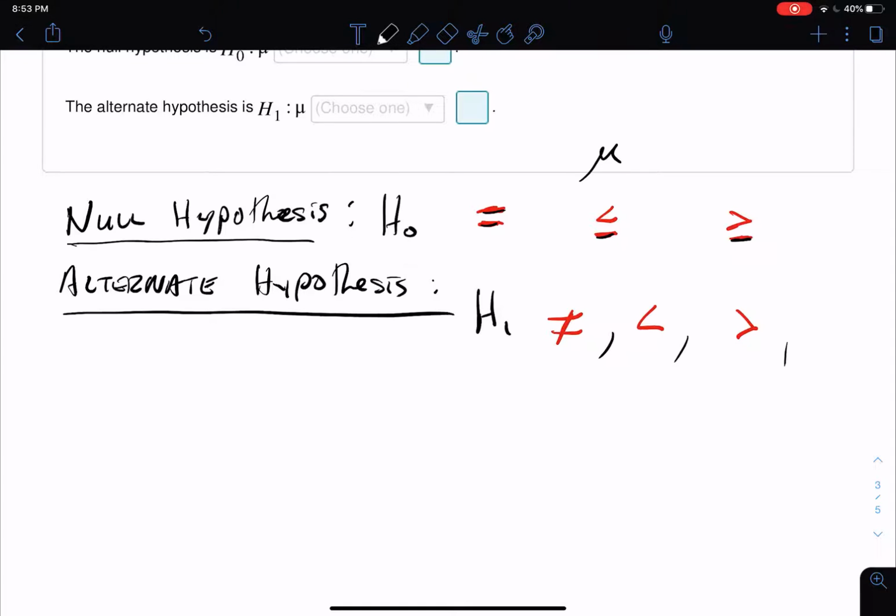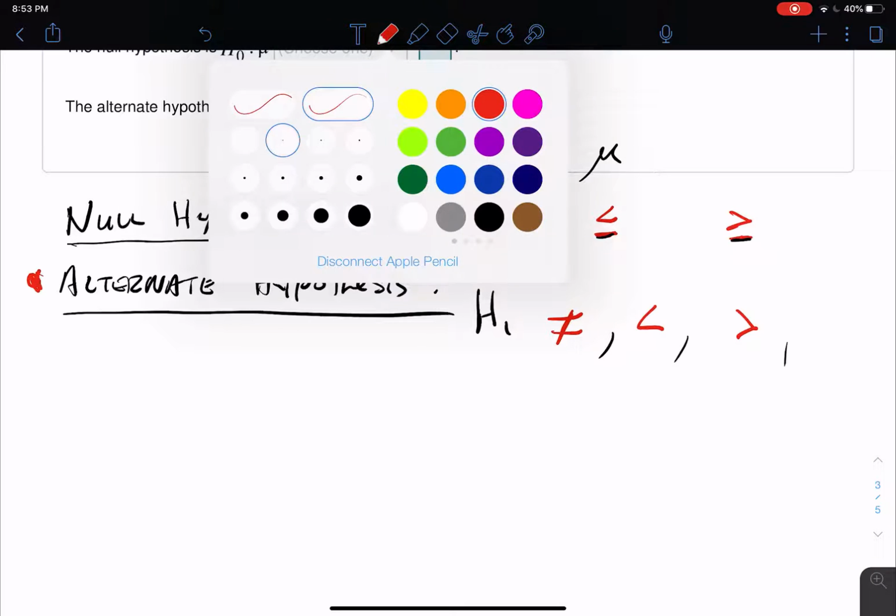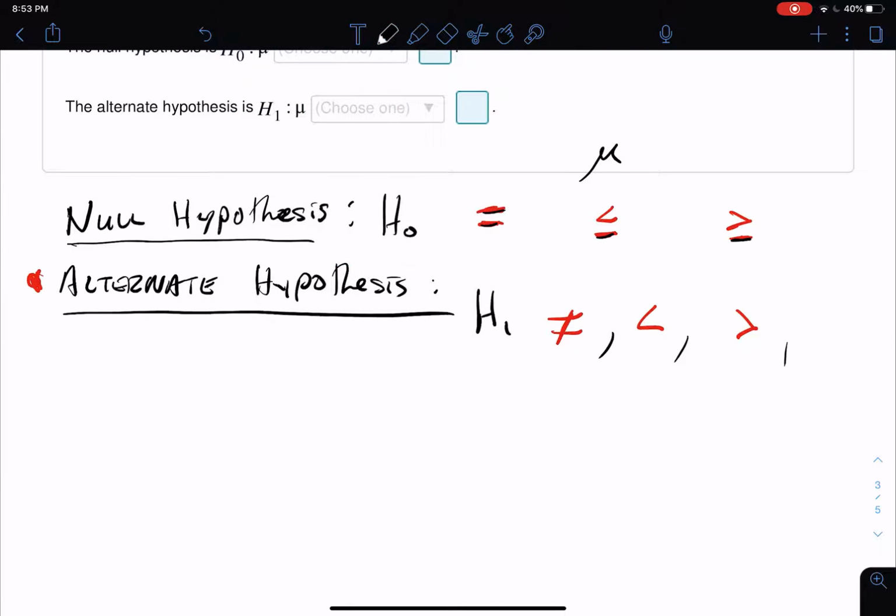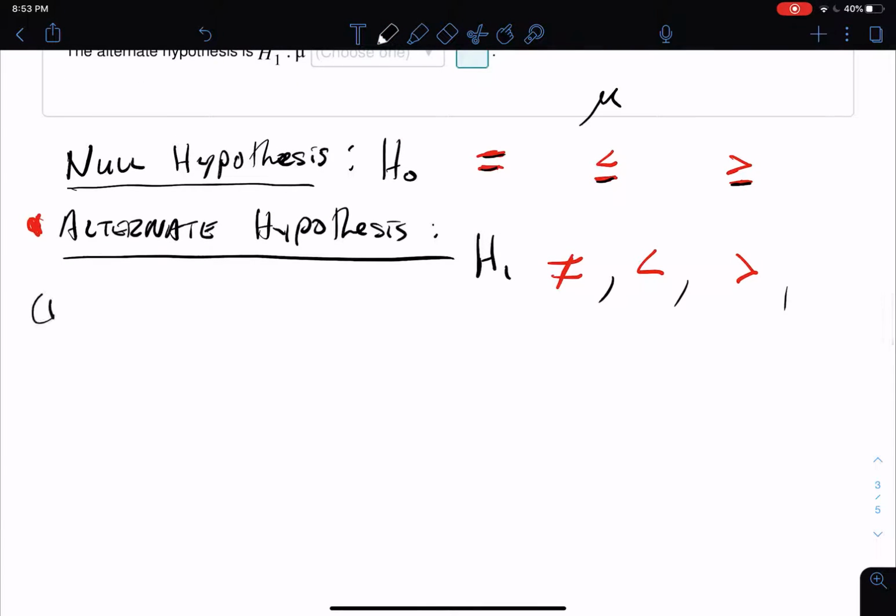So you always look at the alternate to see what kind of test we're going to do in terms of the tails. Let me see if I can draw it out for you. We've got three possibilities. Number one, if mu is greater than, and remember we're talking about the alternate hypothesis.